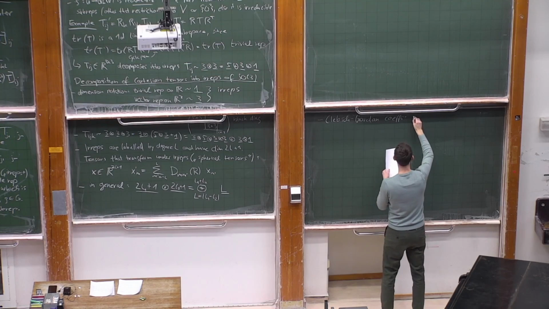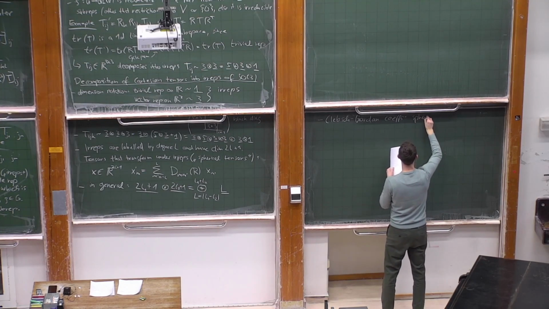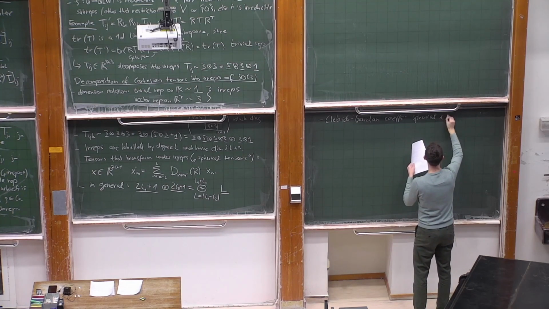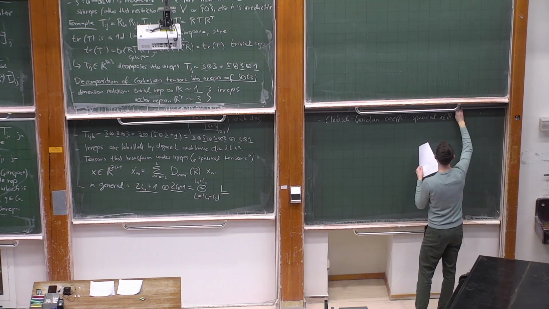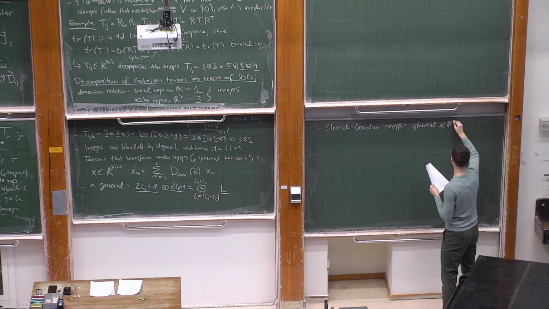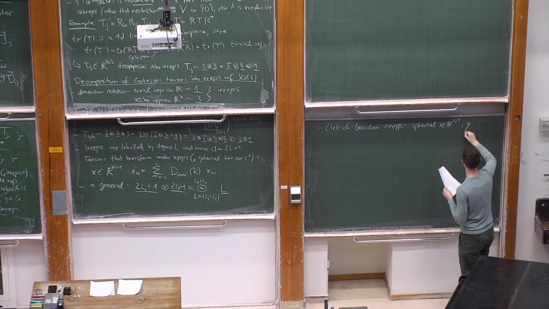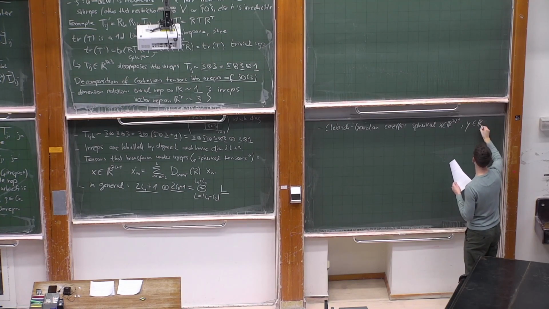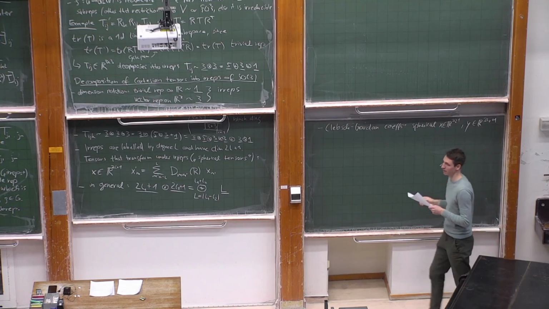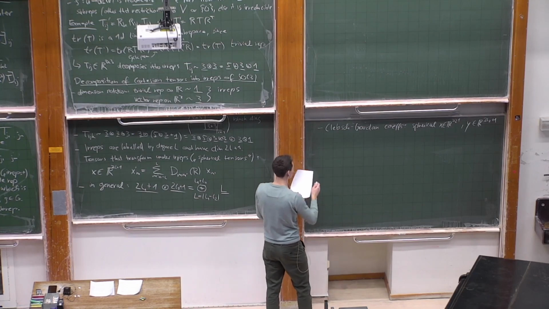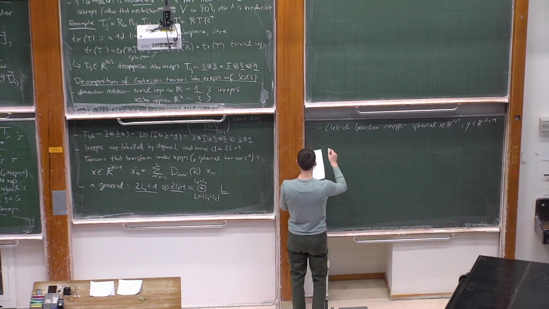So if we have a spherical tensor X, which transforms under the irreducible representation labeled by L1, and we have another spherical tensor with the representation L2, then how can we get out the coordinates of a representation labeled by capital L?